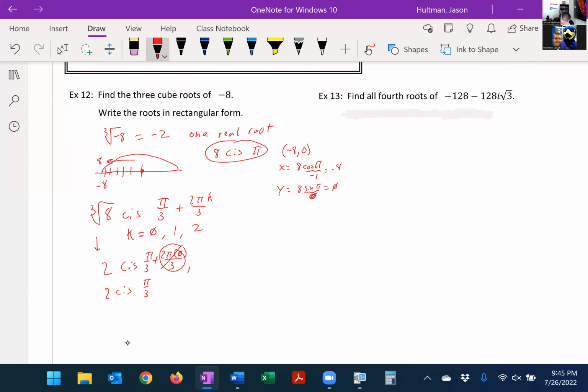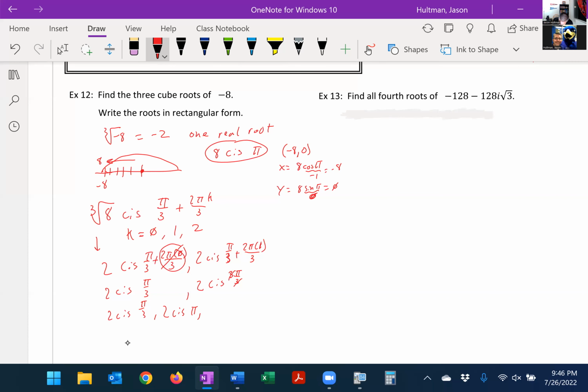The next one is 2 CIS of pi over 3 plus 2 pi times 1 over 3. 2 pi times 1 is just 2 pi, over that common denominator of 3, so 2 pi plus pi is 3 pi. So this is 2 CIS 3 pi over 3, and that reduces to just pi. So we have 2 CIS pi over 3, and then we get 2 CIS pi.